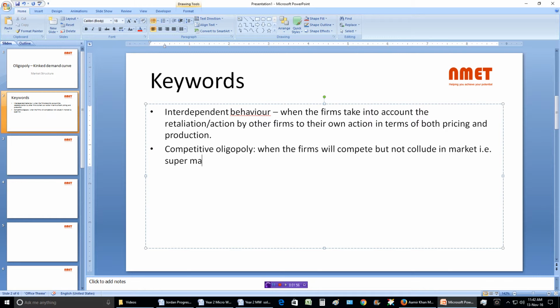So supermarkets compete heavily in UK, and we as customers benefit by lower prices and better deals, loyalty cards and stuff like that. Loyalty cards is different. I'm just looking at in terms of prices at the moment, but loyalty cards, yes.